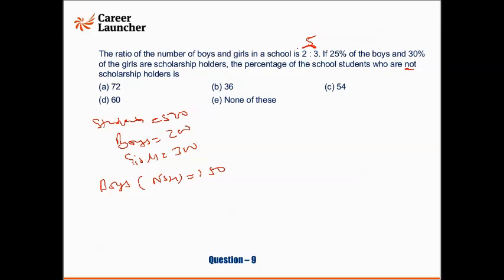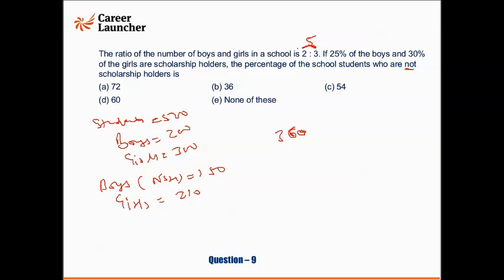That is 3 by 10 of this. That is 90. 90 girls are scholarship holders. So remaining 210 girls will be non-scholarship holders. Correct. So total you will get 360. Right. Total students 360 are there who are not a scholarship holder.